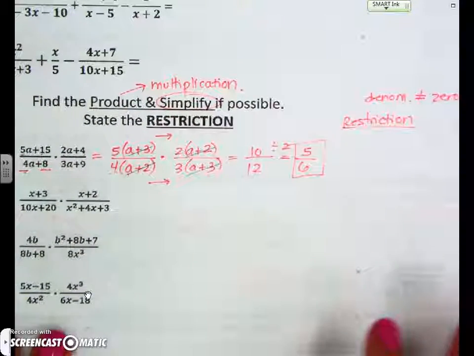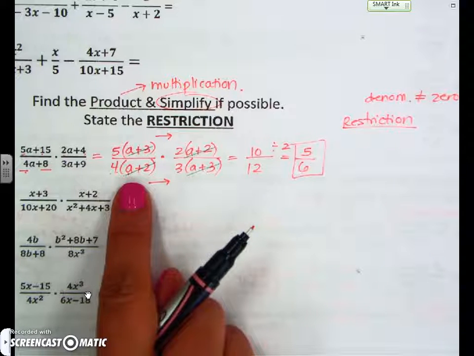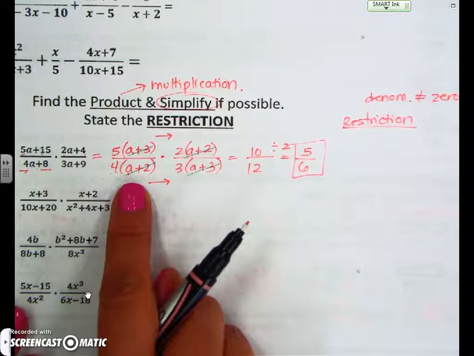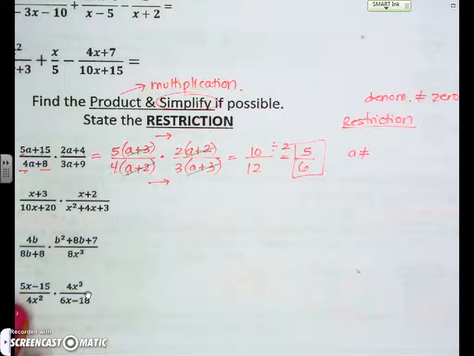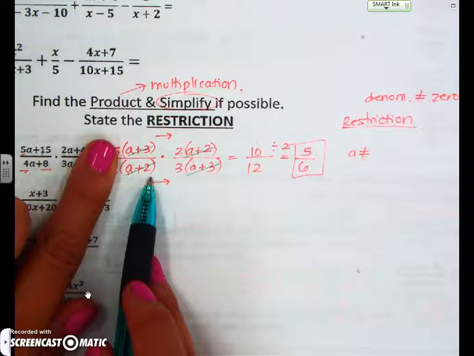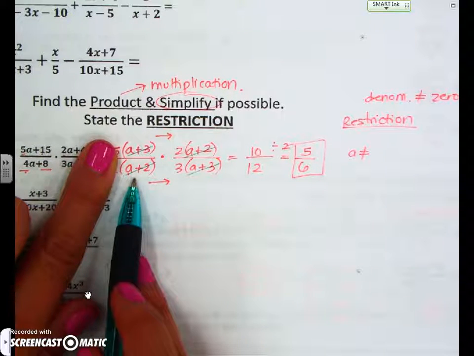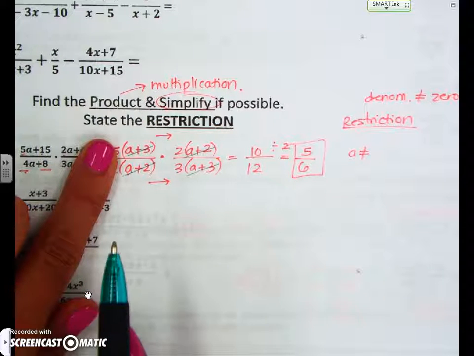So for example, on the bottom, what would make the denominator equal to 0? If a was equal to what? If I have a plus 2, what would make this whole fraction be equal to 0? If a was equal to what number?